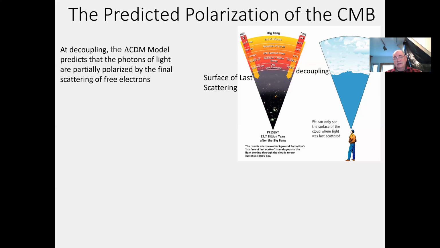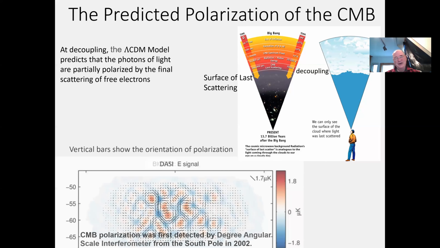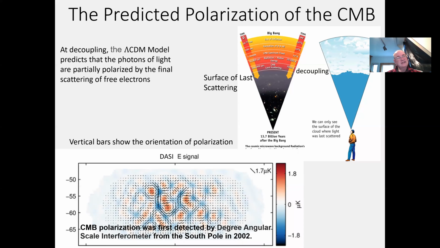And this, of course, we can't go into the analysis of this. We'll have to take Jim Peebles' word for it. But this is the pattern that can be predicted. Those little black lines are the different orientations of the electrical fields coming from the light of the radiation of the cosmic microwave background, that black body radiation.